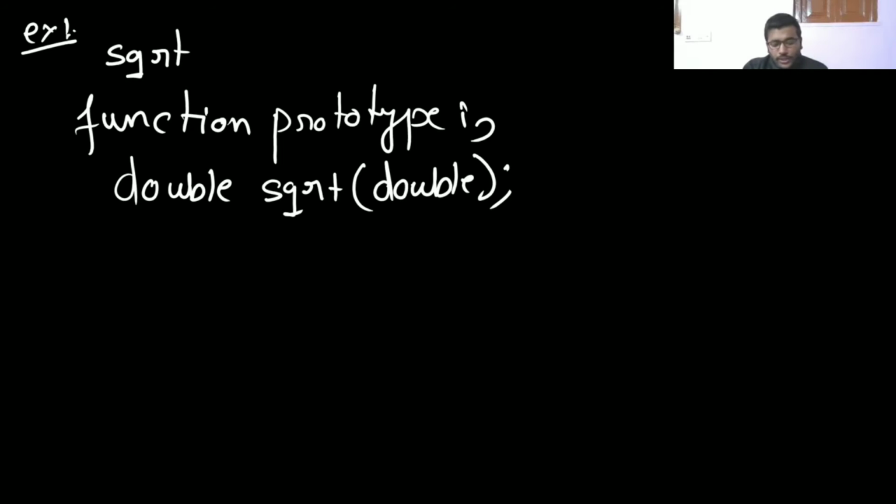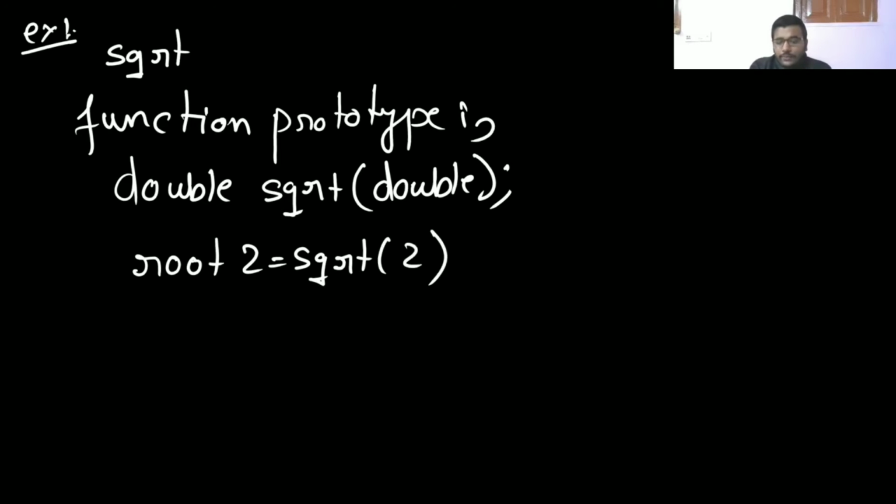So whenever you are calling square root 2, it will convert this 2 into double, because its prototype inside the header file, math.h, is declared with double. Okay, is it clear?